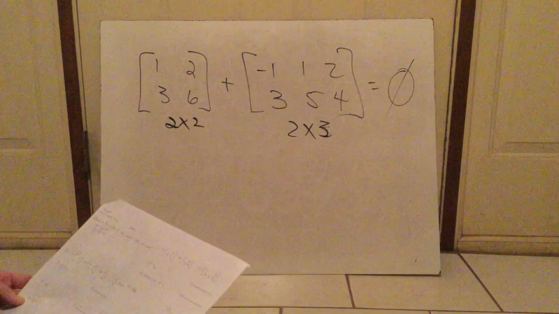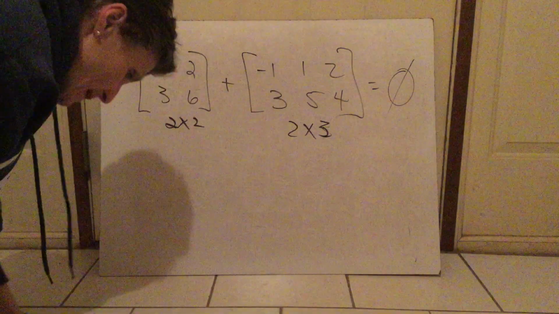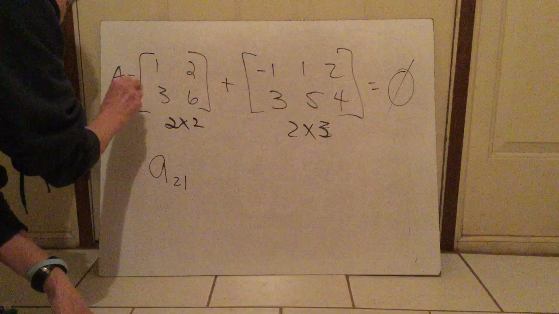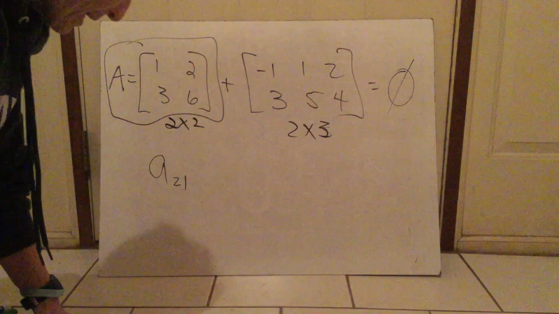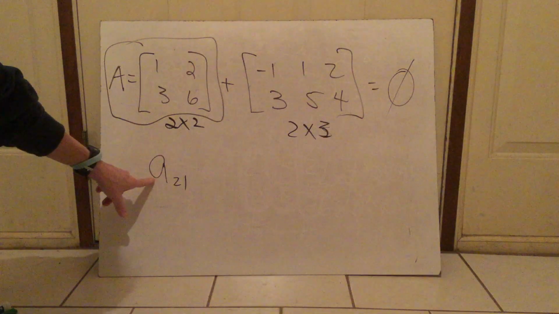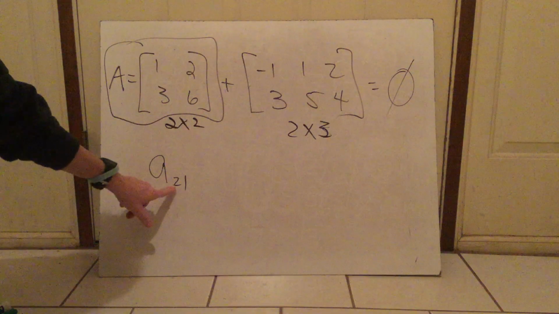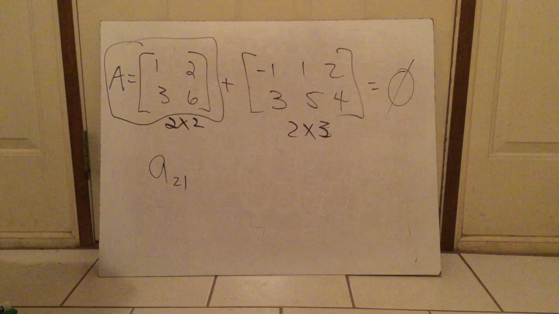Okay. Next, we have all kinds of random review here. That's why I'm doing this sheet. It's got good stuff on it. A sub 2, 1. Now, this is matrix A right here. We are supposed to find the entry in matrix A that is in the second row, first column. Remember, Roman Catholic, row column.